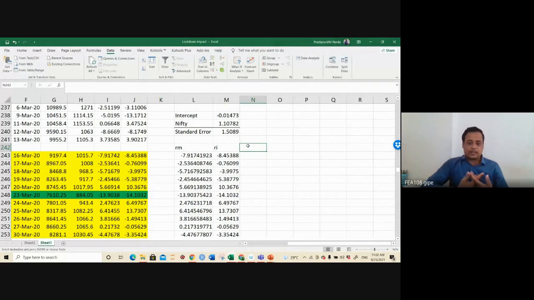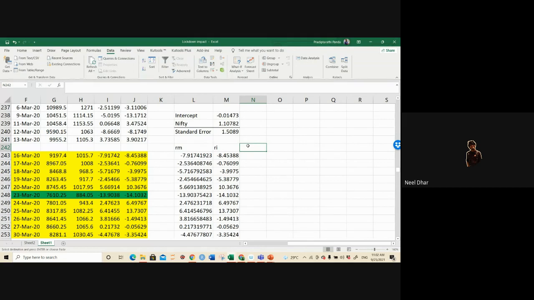So what is the next step? Can anyone say? There are two ways of doing this. Either you try to get the alpha and beta for the event window, or you put these values into that model and see what standard error you're getting.